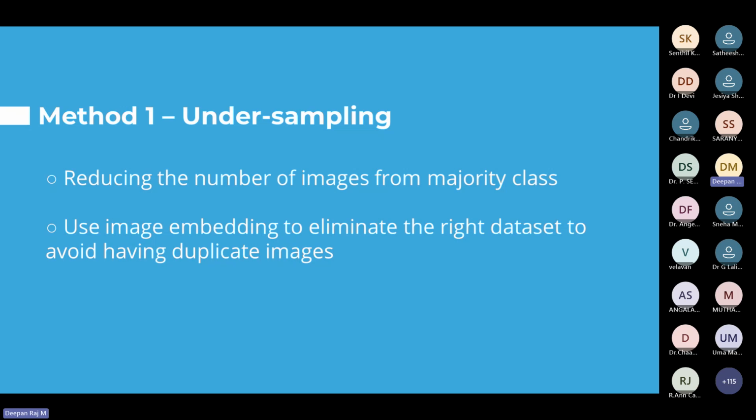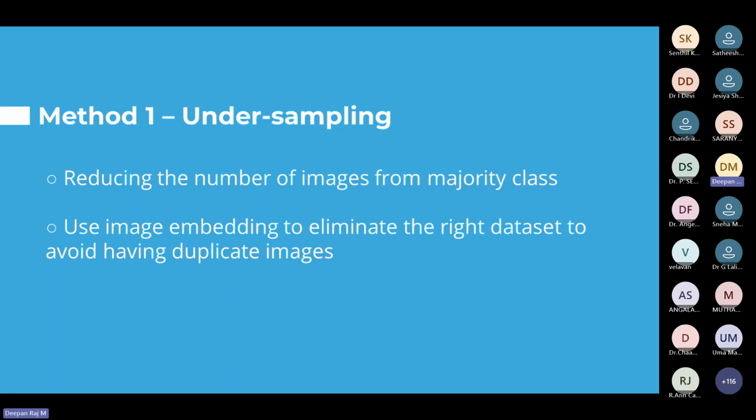But as I was saying, people have adopted different methods, especially using this image embedding approach, where the downsampling is done in a more systematic way, rather than randomly eliminating images from the data. We can avoid that by using image embeddings.